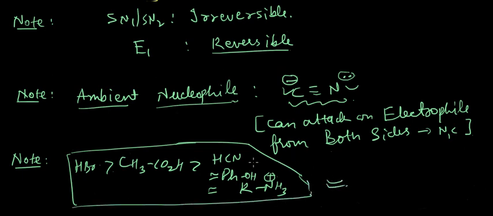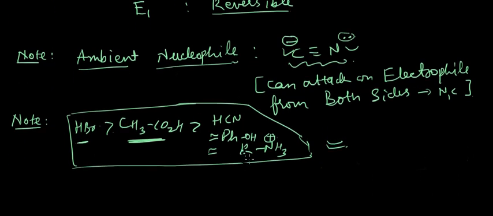Okay, just for remembering sake, there have been questions asked in the past wherein some of the substrates were reacted with HBr as the reagent and CH3CO2H as a reagent, and we needed to compare the acidic strength or the formed conjugate base strength in those cases. So just a point to be noted here. Okay, so just remember this acidic strength.